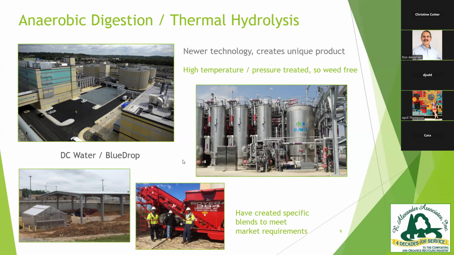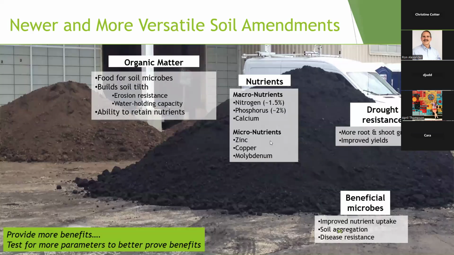And we'll show you some more information on the different types of soil amendments. But these new wave soil amendments like Bloom and to some degree compost, they do a lot more for the soil. Again, they supply organic matter, nutrients, even though they don't always claim the nutrients because that moves them into the fertilizer realm.